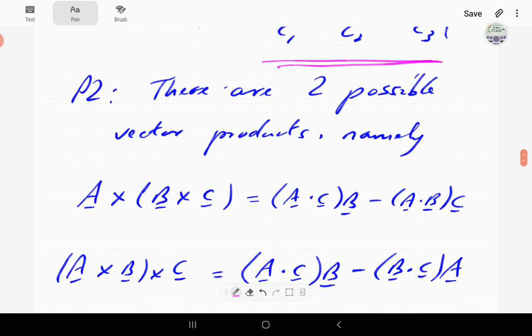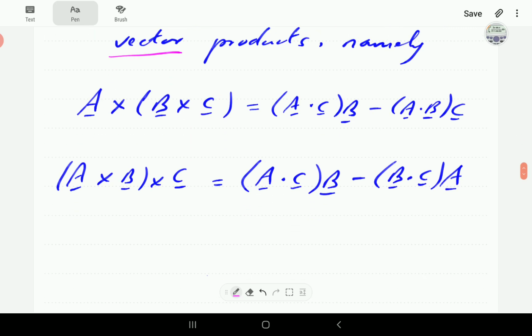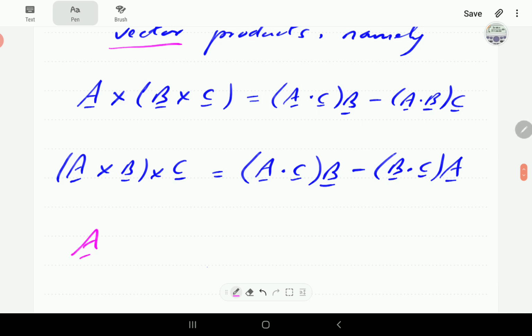Then for a vector product of three vectors, the triple vector product, A cross B cross C is ambiguous, so we need to put brackets either here or there, because whichever of the two you do first makes a difference in the final result.